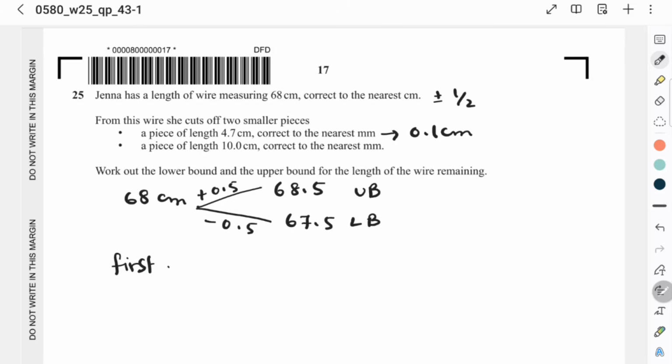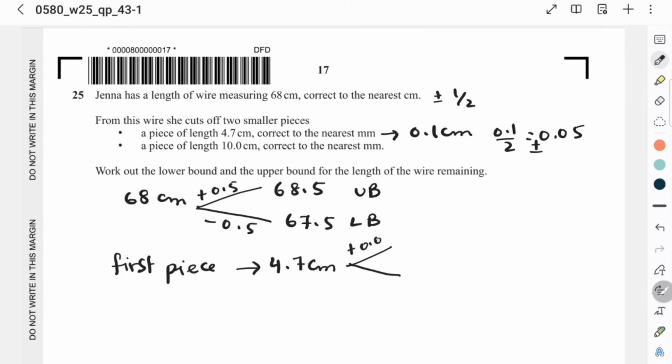So the first piece is 4.7 centimeters. 0.1 upon 2 means 0.05. You add and subtract to get the upper and lower bound, so plus 0.05 and minus 0.05: 4.75 and 4.65. It's the upper bound and the lower bound.